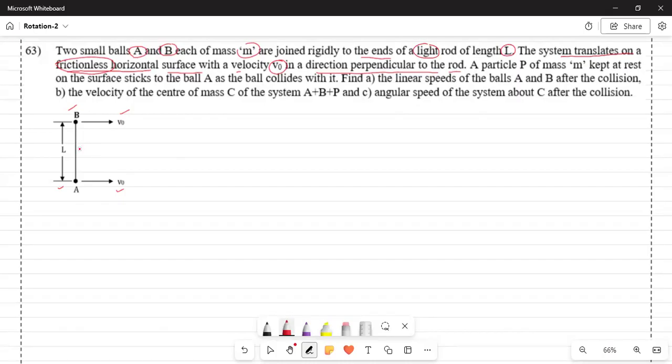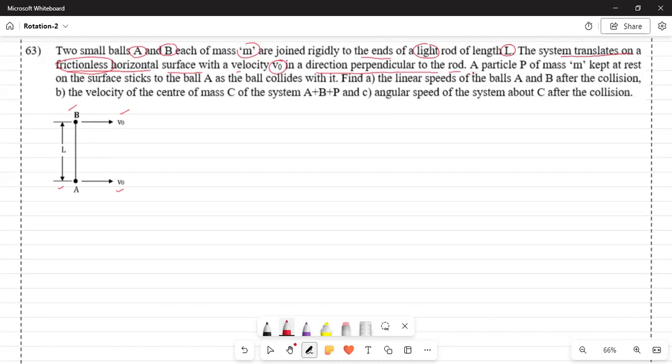It is translating. Now, mind it, they have mentioned that both A and B are balls. That means they are translating with the balls rotating. No, they are not dragging on the tape. The two balls are rotating and they are translating.